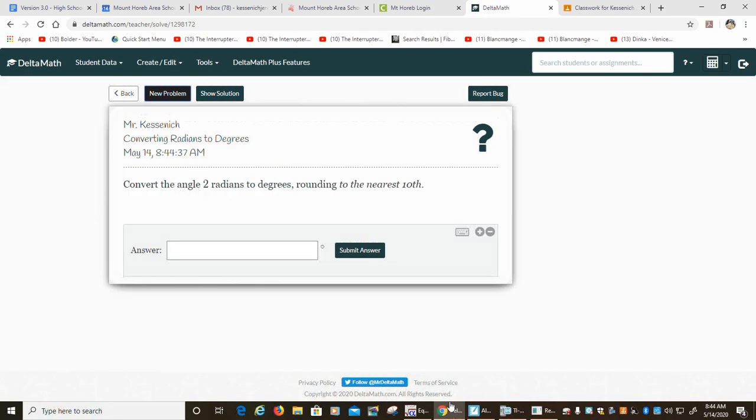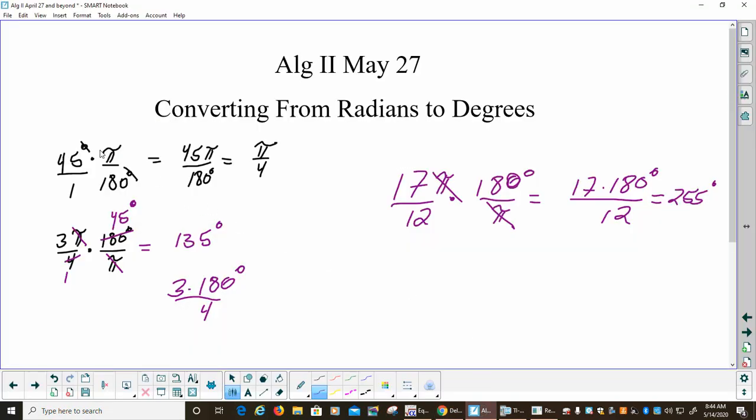It's not the pi that makes it radians. It's the lack of a degree symbol that makes it radians. So let me talk about that a little more. I've been trying to be really thorough when I write something in degrees. I'm always putting the degree symbol. If I write this without the degree symbol, that means 45 radians.